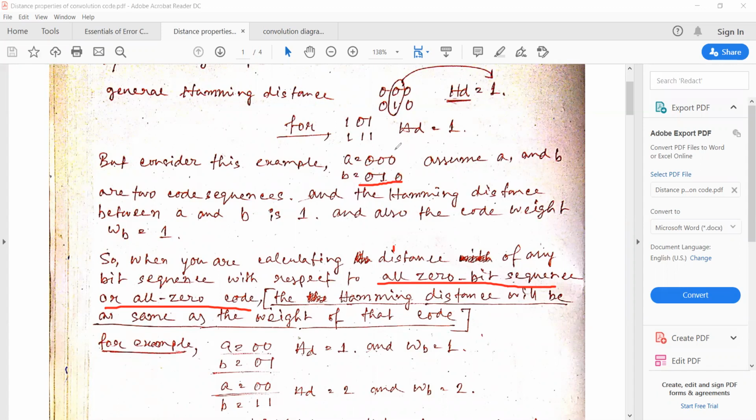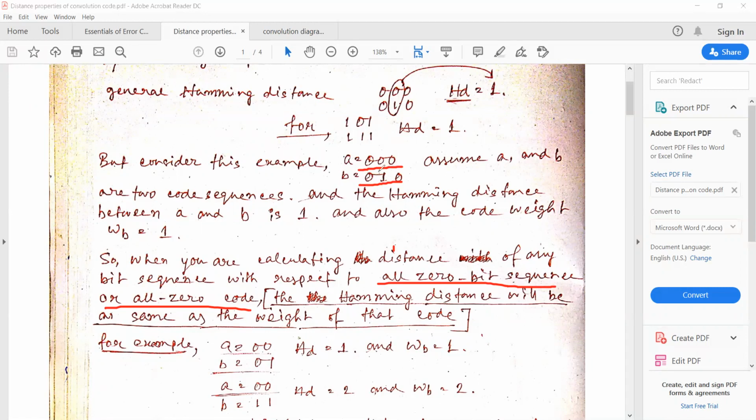If you are calculating the Hamming distance between the all 0 code and 010, or any code, that means you are calculating with respect to the all 0 code.